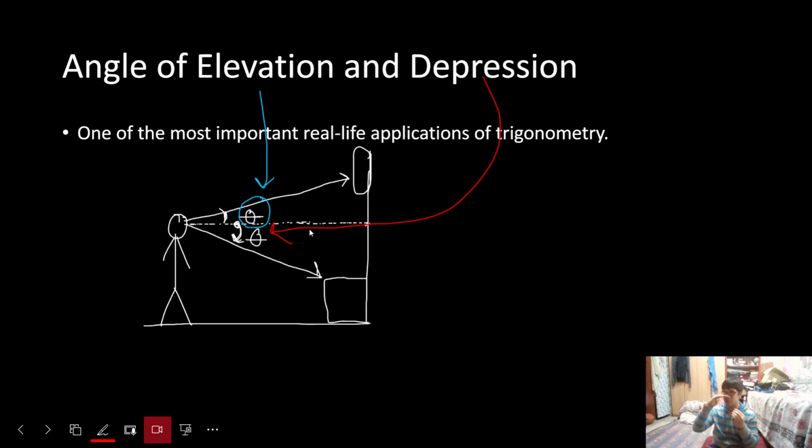So you look at the wall straight, then you look upward just to see the object above you. Expect that you'll be forming an angle of elevation. But if you look down just to see a box, expect that you'll be forming an angle of depression.